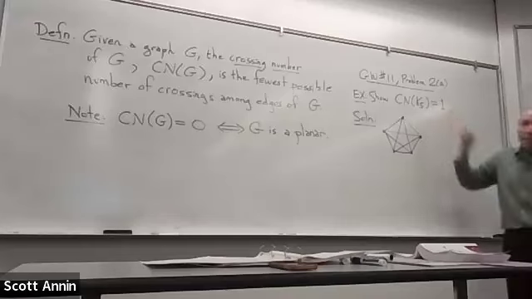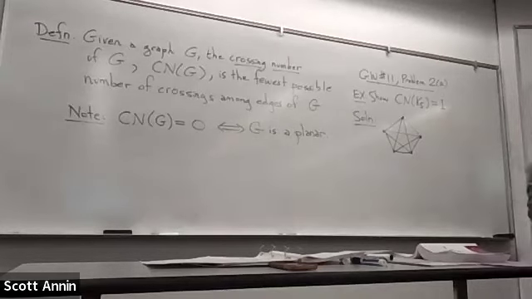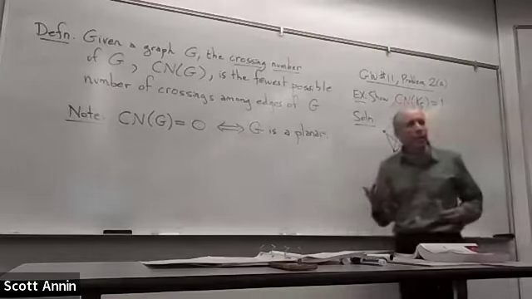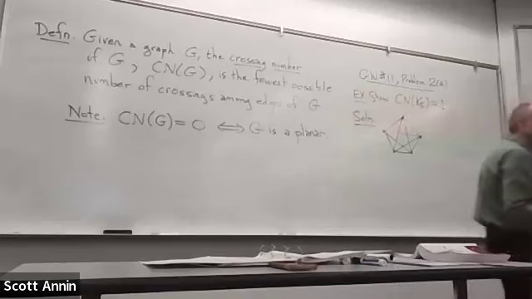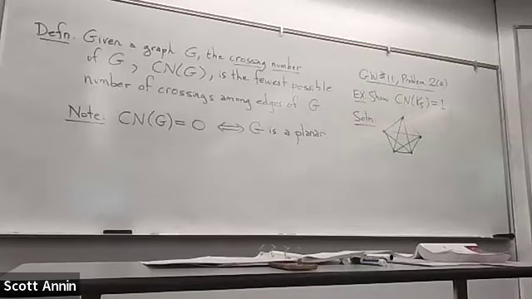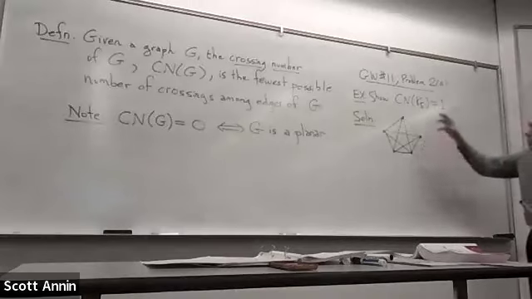Now we know that K5 is not planar. You may remember we talked about this on Tuesday. Ultimately, that became part of Kuratowski's theorem that if you have a non-planar graph, it's going to have either a K5 or a K33 inside of it, homeomorphic to K5 or K33. So this is not planar.